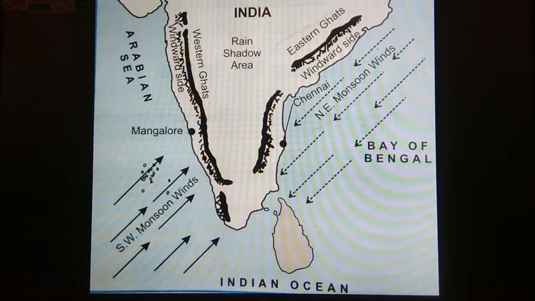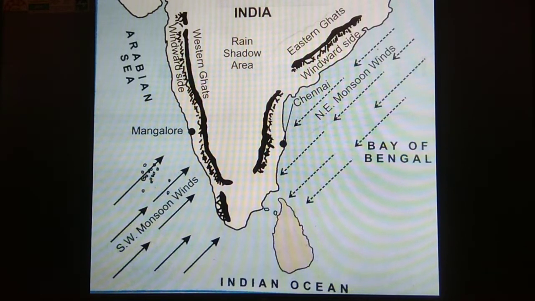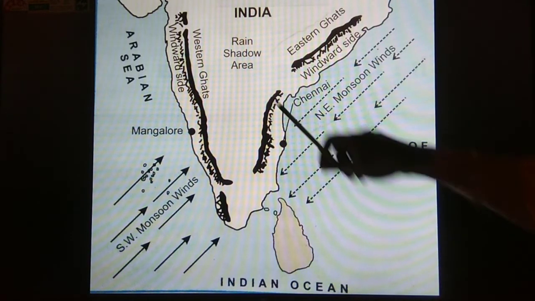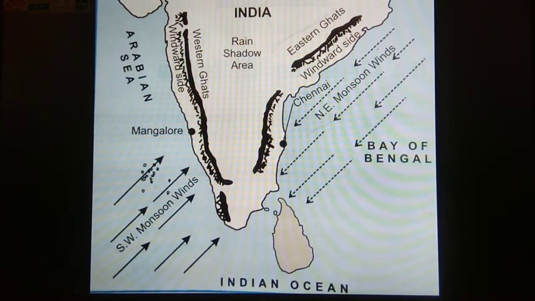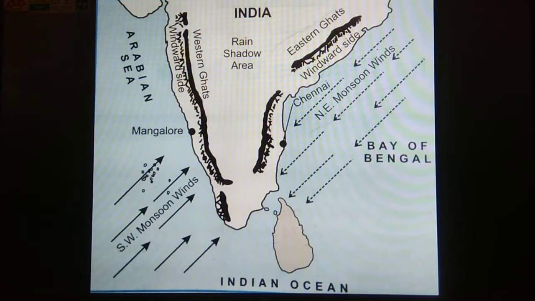In India, there are only a few reliefs which play a very important role in the climate. The first one is the Western Ghats. Clear? The western side of the Western Ghats gets heavy rainfall. Why?